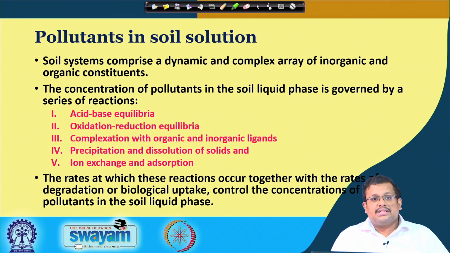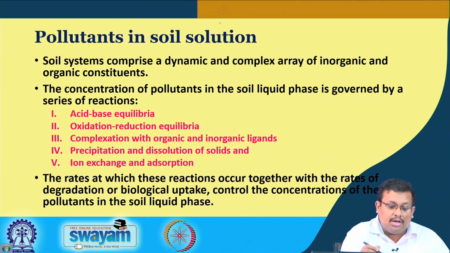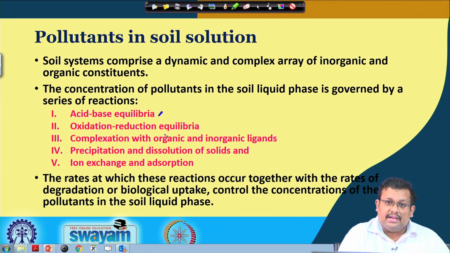So, what are those reactions? There are 5 major types of reaction. First of all, acid base equilibria reaction, then oxidation reduction equilibria reaction, then complexation with organic and inorganic ligands, precipitation and dissolution of solids, and ion exchange and adsorption.